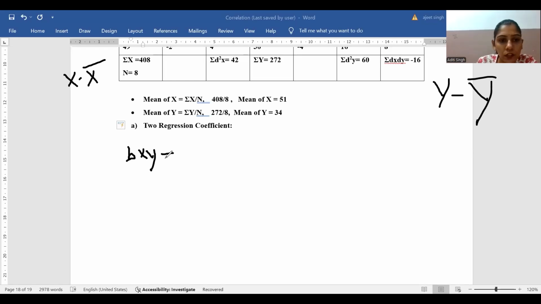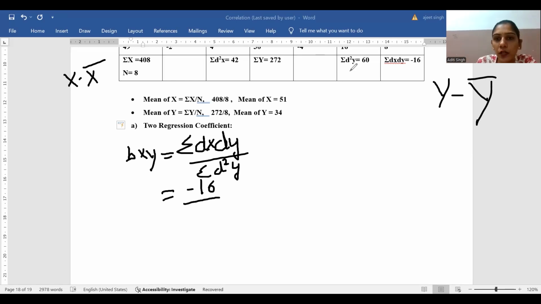Let's first calculate bxy, which is equal to sum of dx dy divided by sum of d square y. So what is this? Sum of dx dy is minus 16 and sum of d square y is 60. Okay, so minus 16 divided by 60.